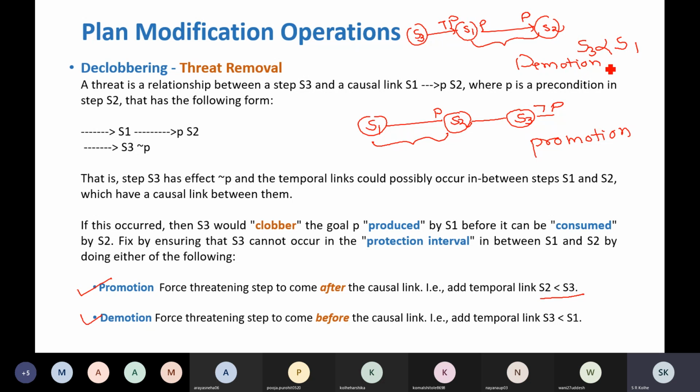What have you demoted? You have demoted the protection interval. The threatening step S3 will occur first, and then our protection interval. So we have demoted the protection interval, and therefore we call this demotion. One of these can be introduced to remove the threat.